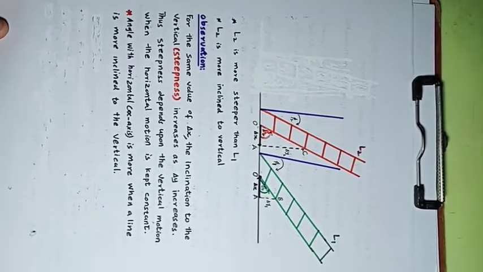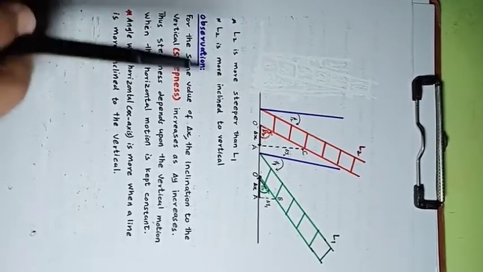The one who is climbing L2 would feel more fatigue as compared to the fatigue felt by the one who is climbing L1. The basic reason is that L2 is more inclined to the vertical as compared to L1.